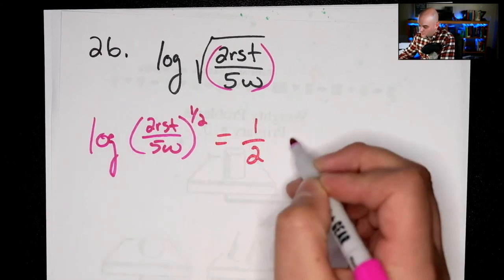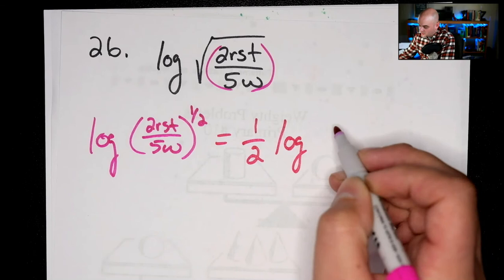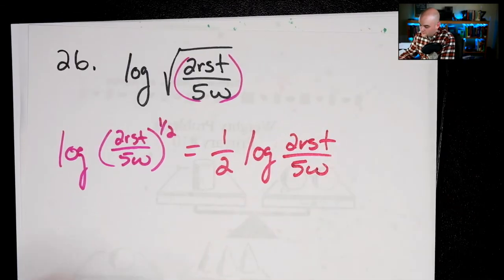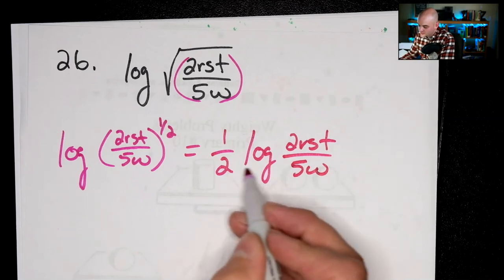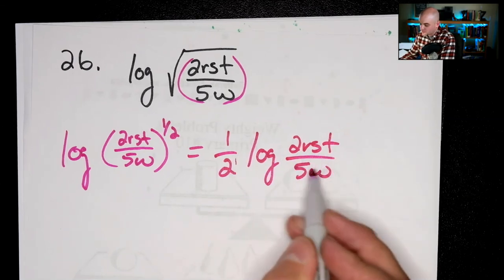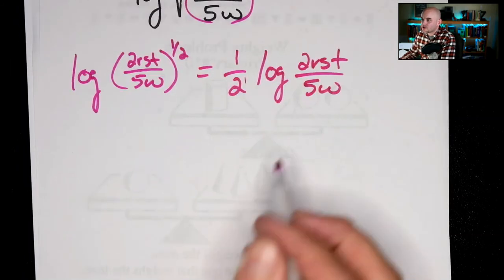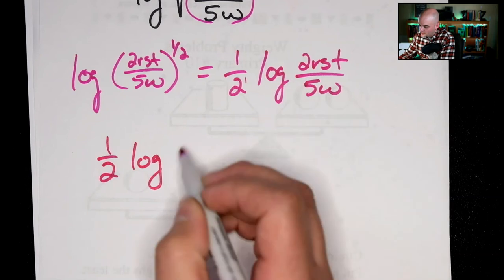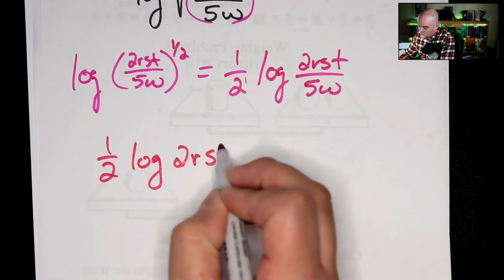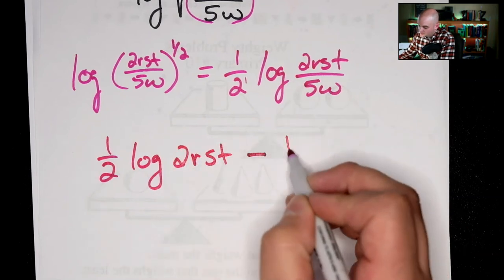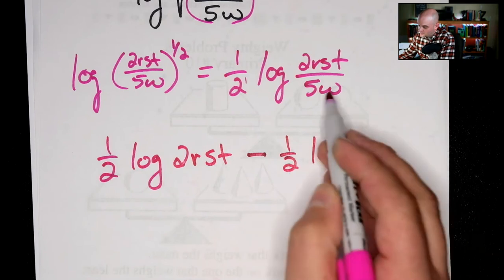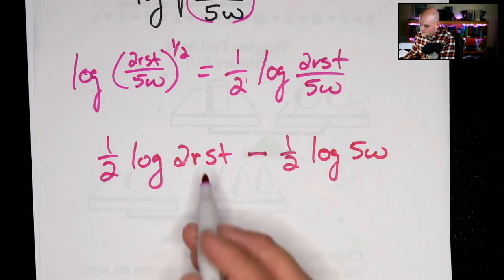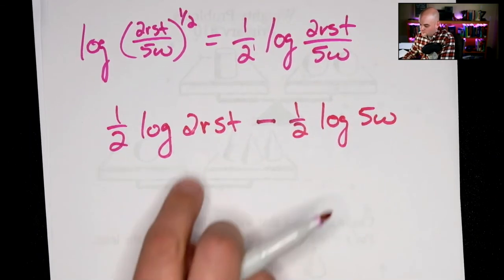So that gives me 1/2 of the log of 2rst over 5w. Now anything else I write here needs to be 1/2 log of something, because I'm going to split this up even further. So I'm going to take 1/2 log of the numerator 2rst minus 1/2 log of the denominator 5w. Now all of this I can break up like crazy, can't I?